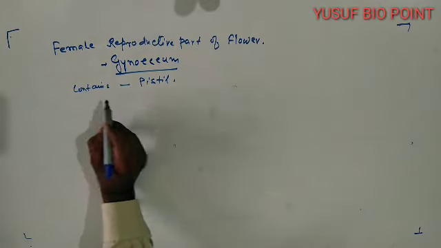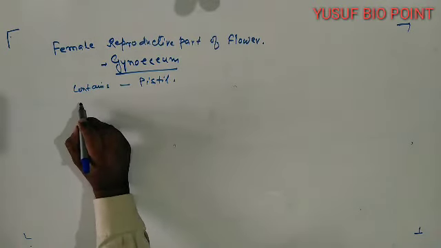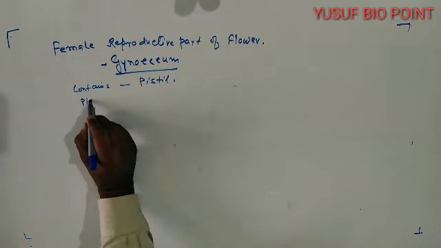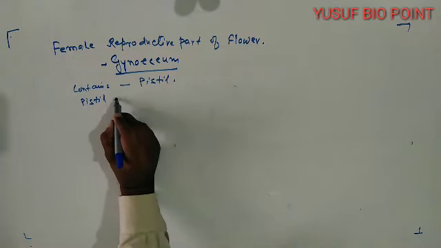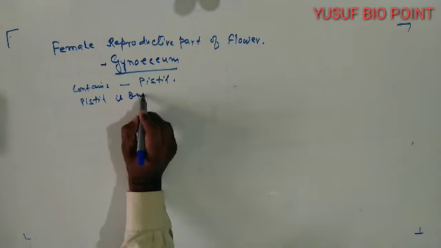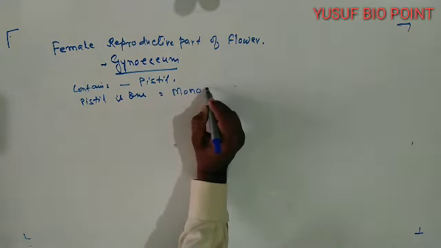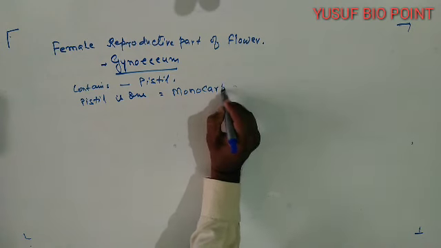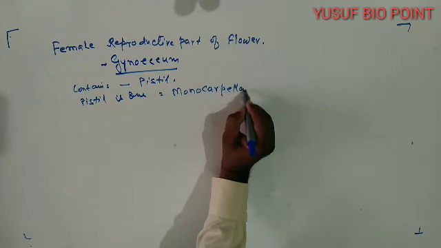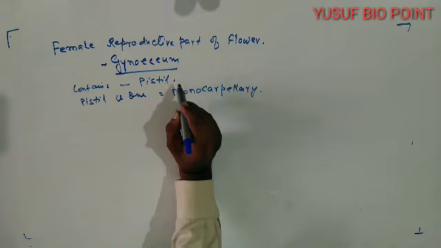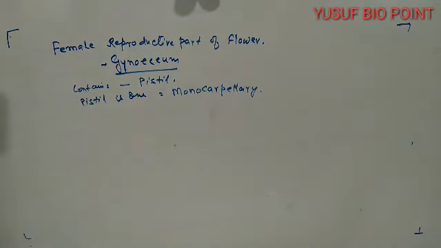Depending on the number of pistils, if the pistil is one, that is called monocarpellary. Pistil is also known as carpel, so that's why it is known as monocarpellary.